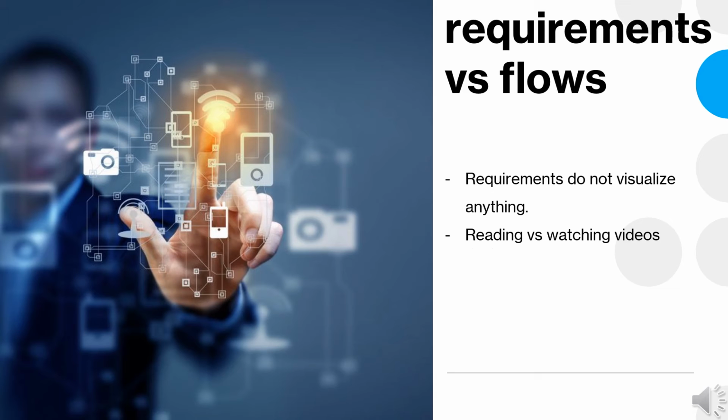If you take your requirements and show them to the end user, so the end user can read them, they won't be able to have that visual mental model of what the end product is going to be. They look at the requirements, but they're not sure exactly how those requirements are going to translate.